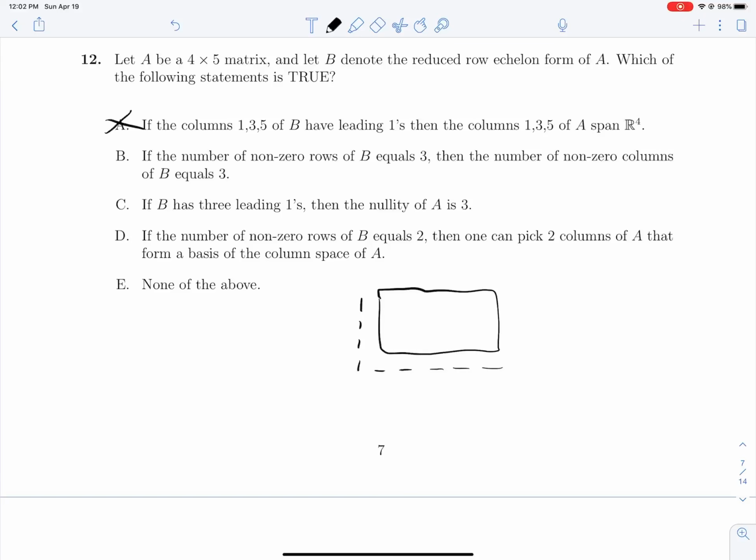Okay, B. If the number of non-zero rows of B is equal to 3, then the number of non-zero columns of B is equal to 3. So let's diagram that one out. If we have 3 non-zero rows, that means we'll have a pivot position here, a pivot position, and I really shouldn't draw these as zeros, pivot position, pivot position, pivot position.